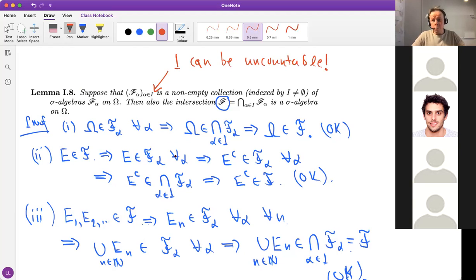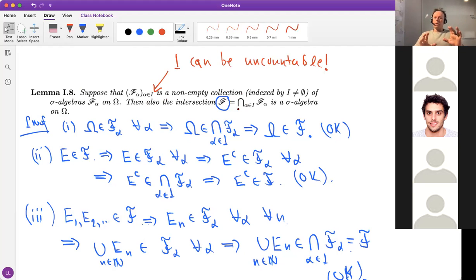And that's actually really crucial here. So the boundary between countable and uncountable, sometimes we can cross it. Here we can cross it. So we can do some lemmas for uncountably infinite index collections.